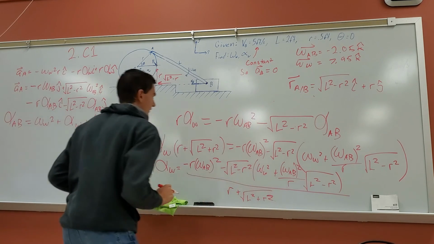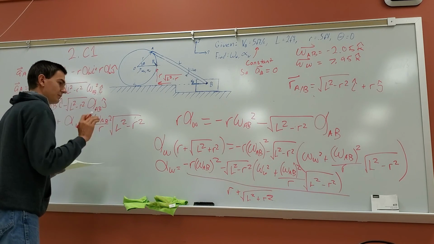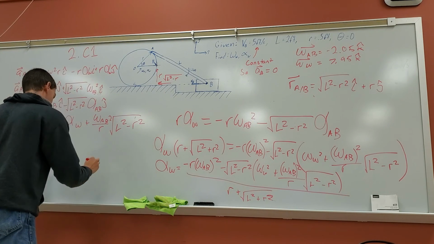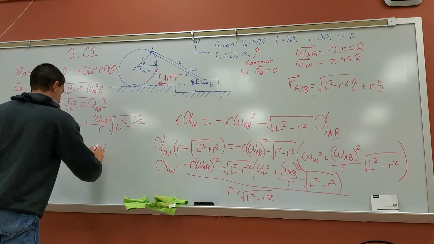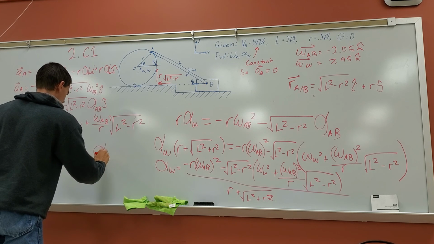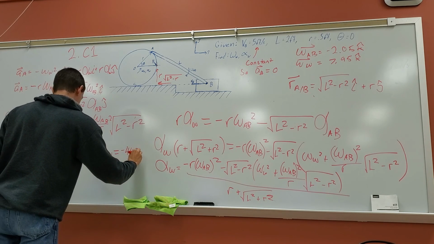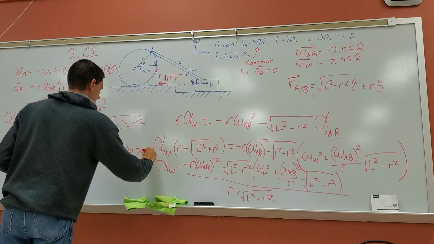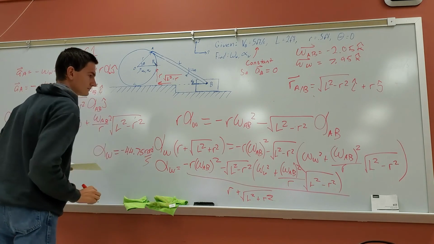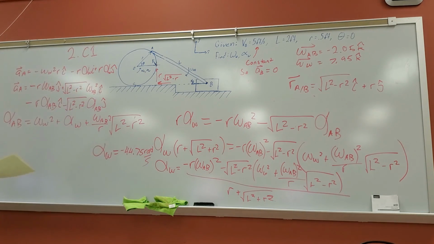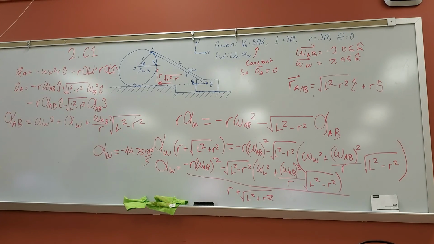Simplified and plugging in answers, you end up getting that the angular acceleration of the wheel is equal to negative 44.75 radians per second squared. And that's how you solve problem 2.C.1 from ES223.